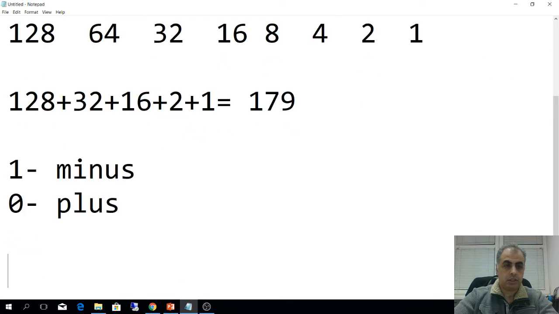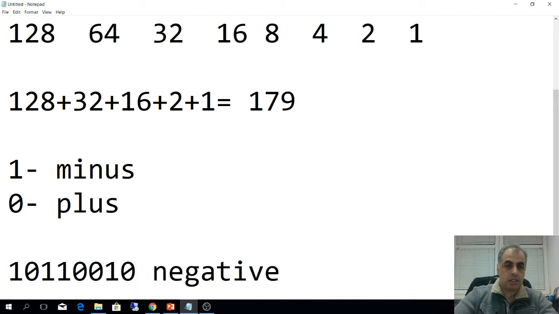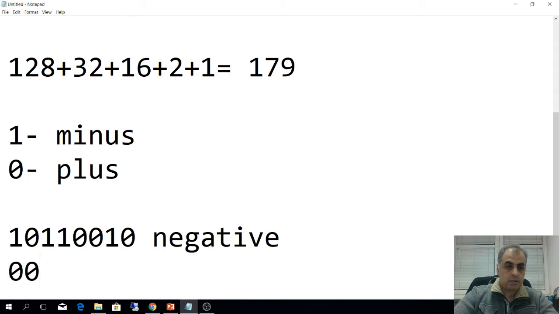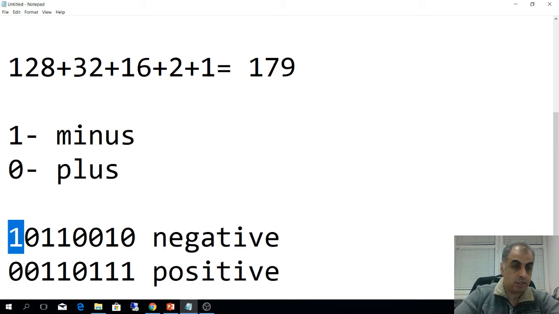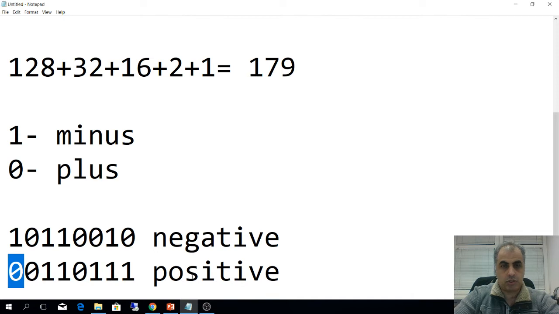A few examples: 1 0 1 1 0, let's make it 8 bits because we are using 8 bits per number. So what is this? It is a negative number. What about this? 0 0 1 1 0 1 1 1. It is a positive number. So how do I understand it's positive? Not because of here, not because of here, but because of the first digit. If it is 1, negative. If it is 0, it is positive.